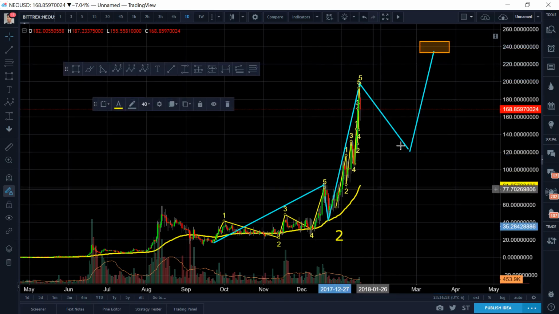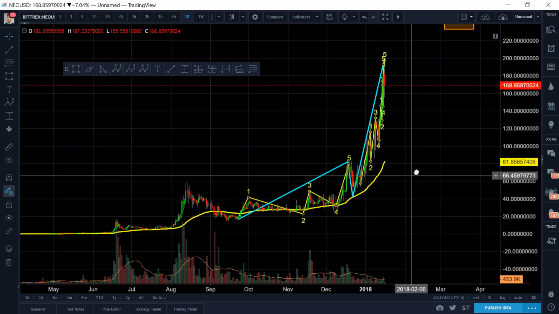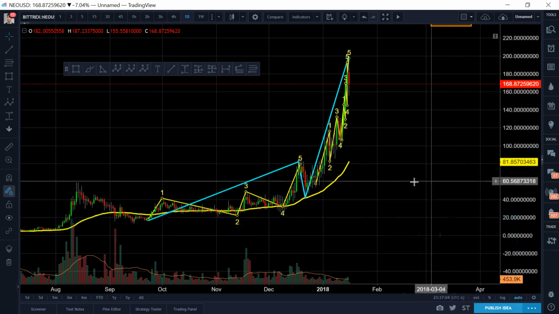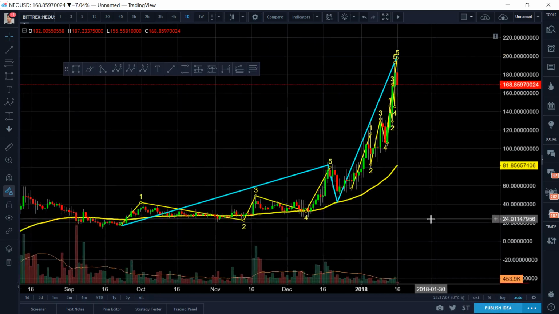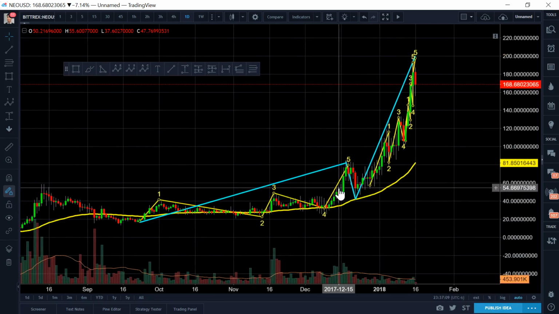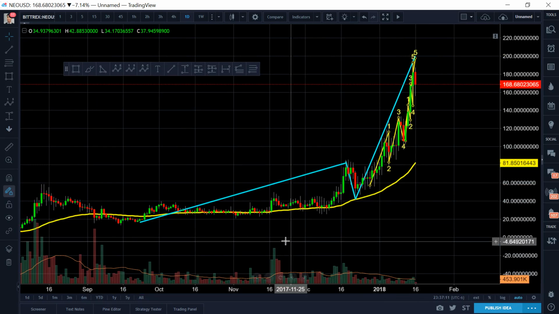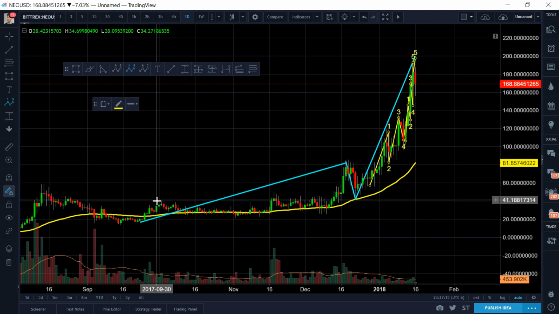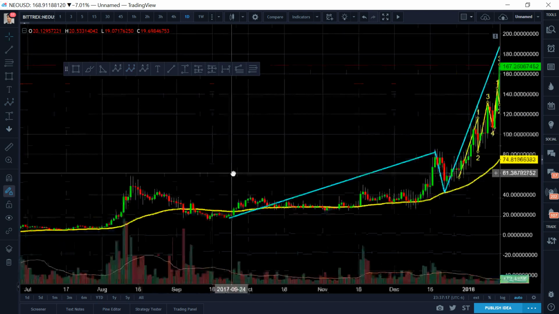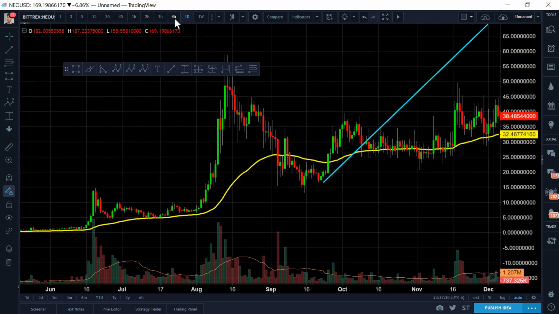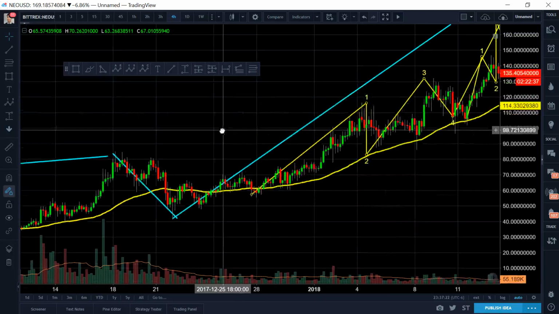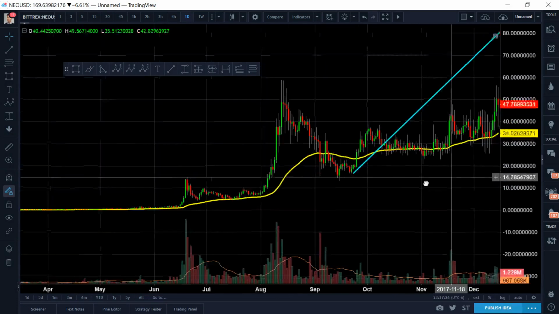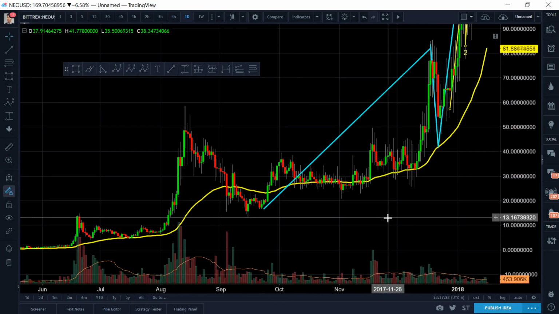Now, let's say that this was not a valid wave count. Let's say that this didn't count, and it wasn't valid. And now we delete this right here. And now what we say instead is this. Let's lock it like this.